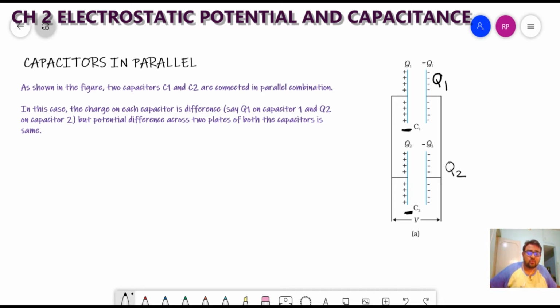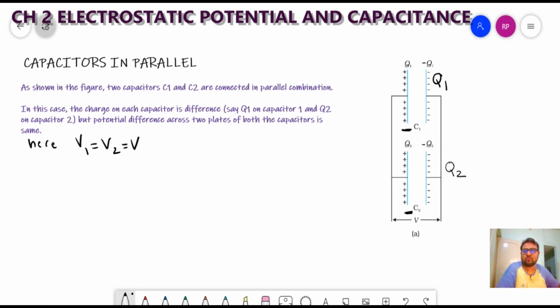But now we know that the potential difference V will be constant in parallel connection. Means when there is a parallel connection, the potential difference will be the same. So V1 will be equal to V2. I can write it down here that V1 is equal to V2 is equal to V. Clear?